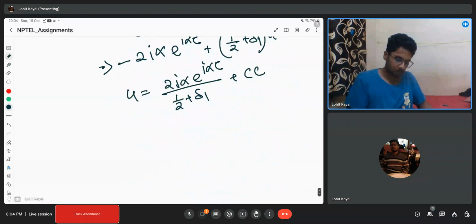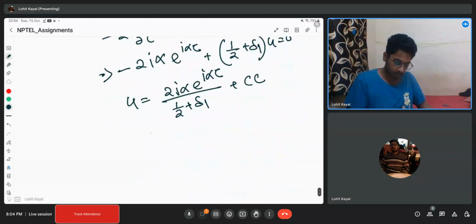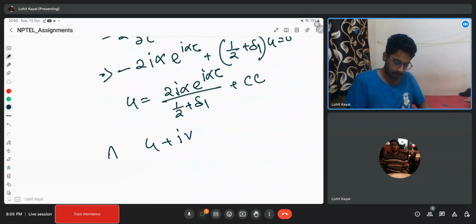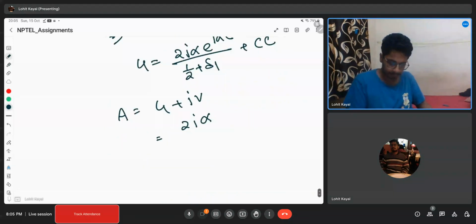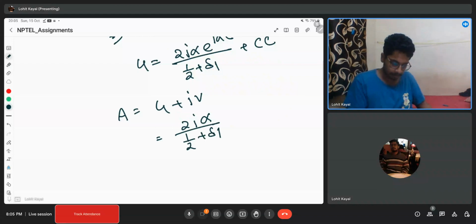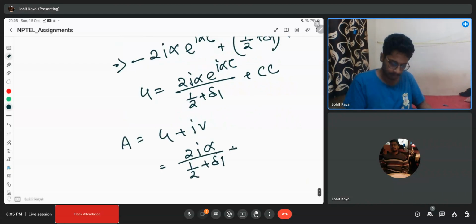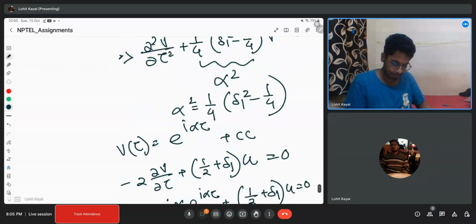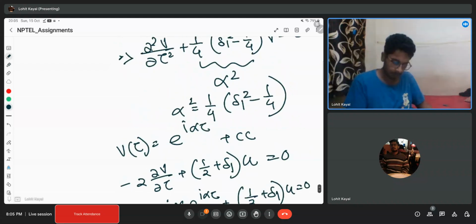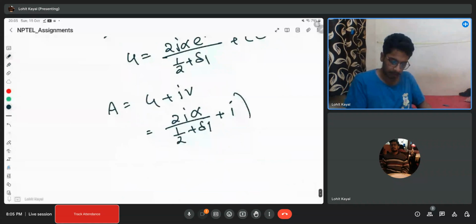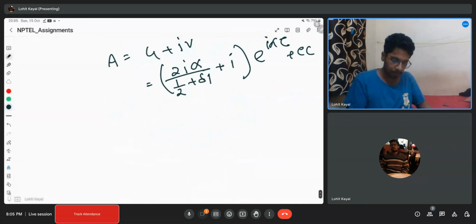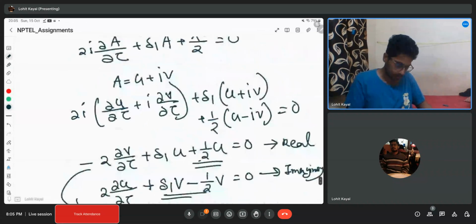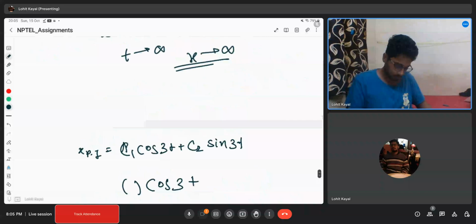In general, what will be your solution? Your solution is u plus iv, that is your A. So that will be 2i alpha by half plus delta 1 plus i times v of alpha tau, into e to the power i alpha tau plus c.c. And it will be multiplied with the unknown term, small a of t, right?